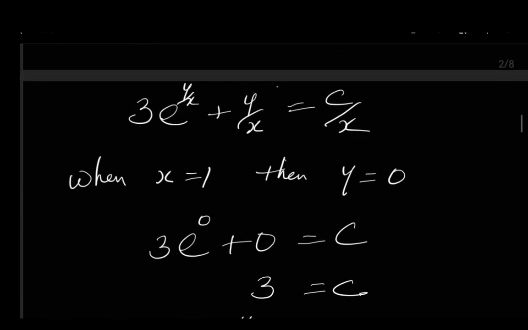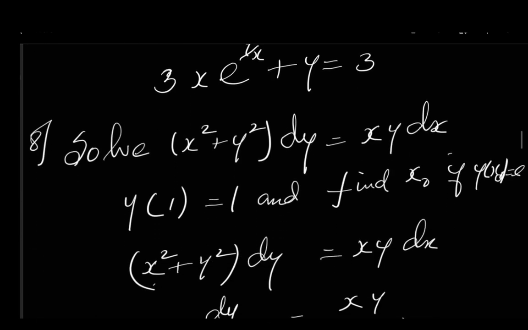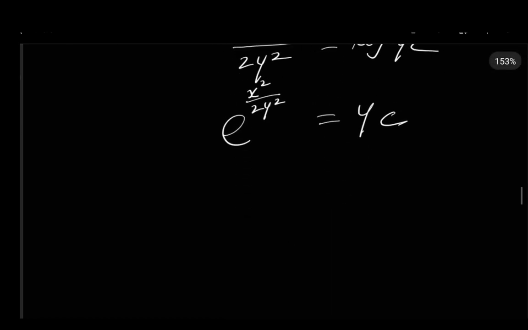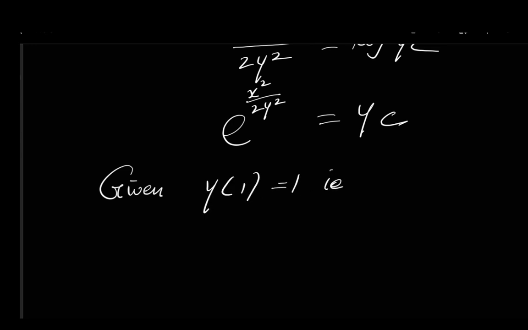See, when y of 1 is equal to 1, that means when x is equal to 1, y is 1. Given y of 1 is 1, that is when x is 1, y is 1.